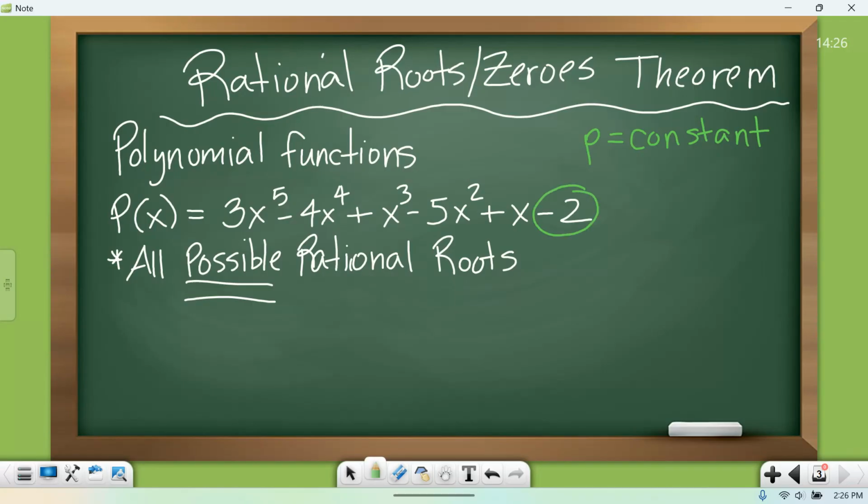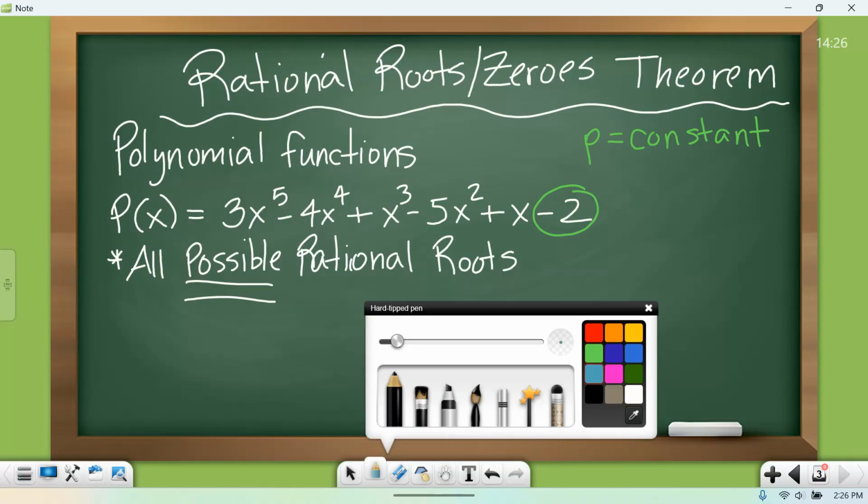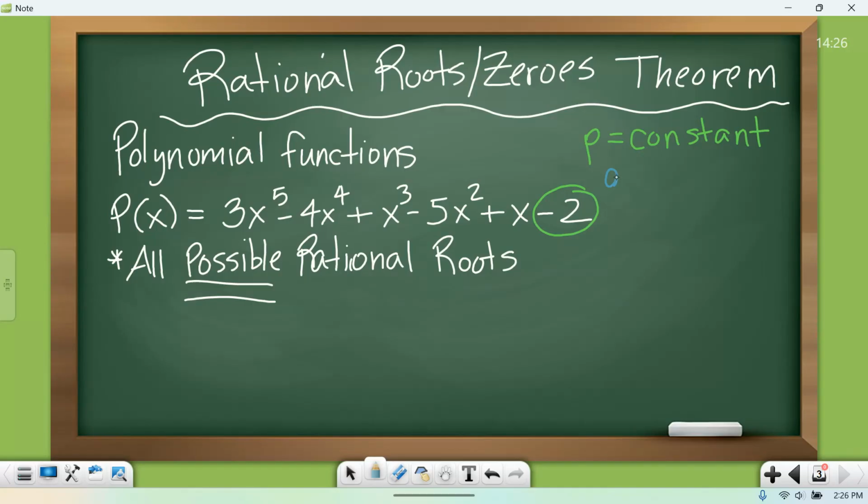So that's going to be -2 for this example. But we'll come back to that. Q is going to be your lead coefficient. In this case, it is 3. So we're going to use these two values to find all of our possible rational roots.